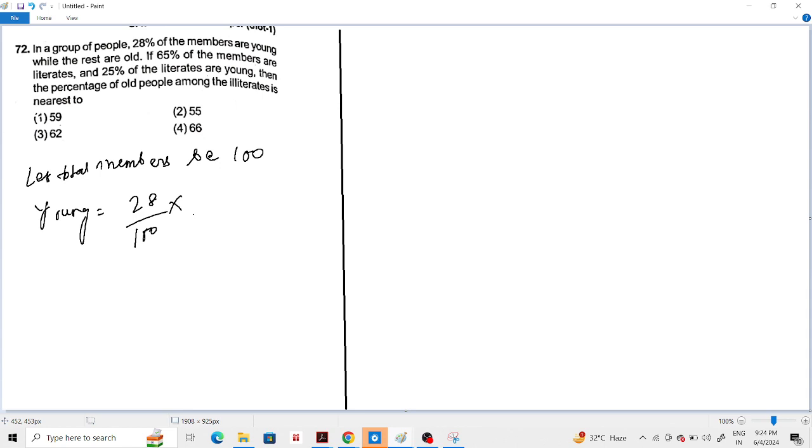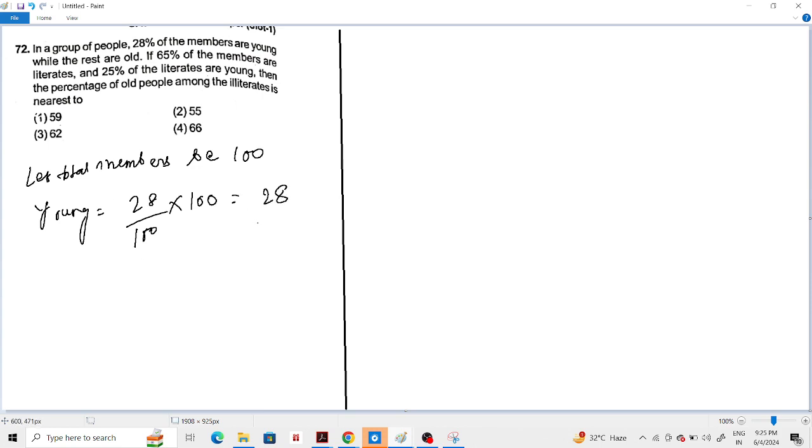However, if you master the technique of doing it with X, then of course you will love your X. But doing it with 100 simplifies the process. So Niladri did it with X because he has command over X. I'm doing it with 100. So Niladri, you can send your calculation in the group and I'll share this one, so both the processes will be there. Shritama, understood? Okay, sir.